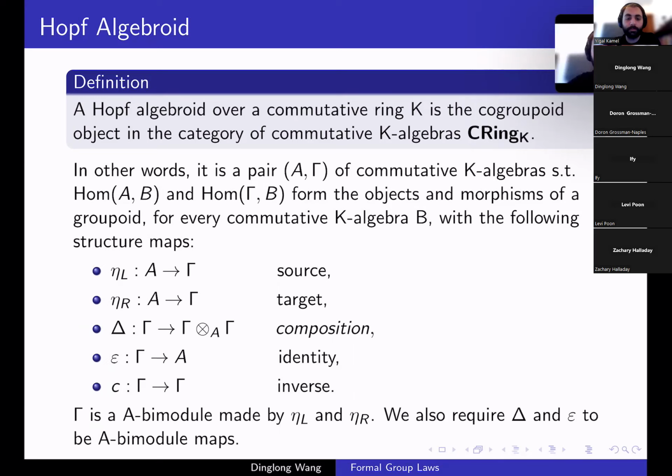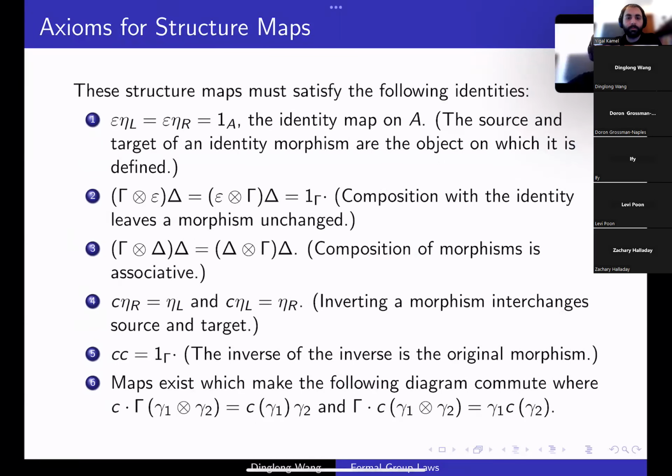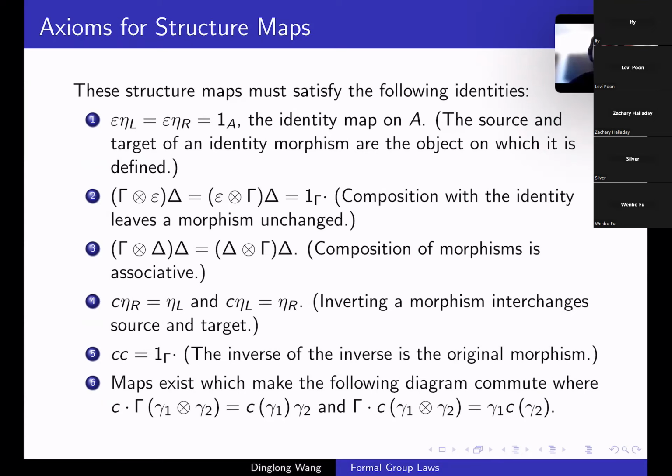And these maps must satisfy the following identities. The first one is saying that the source and target of an identity morphism are the object on which it is defined.